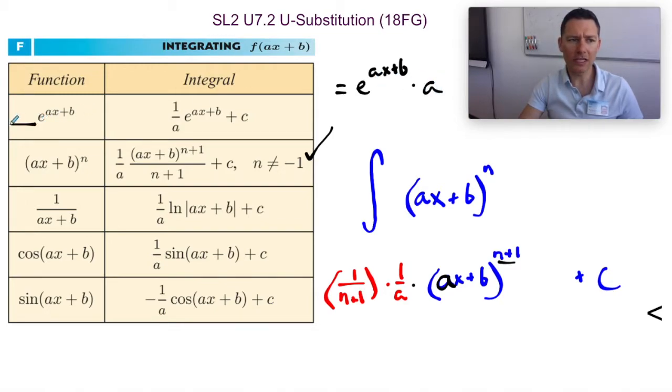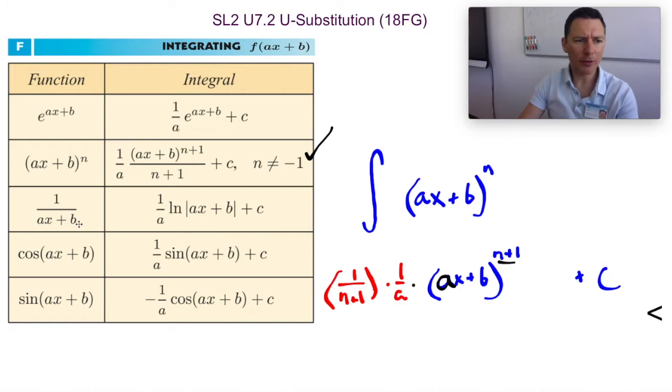We don't see an a here, right? So if you didn't have this piece and you were differentiating back to here, you would have an a term in front. We don't see an a term, so that implies that we had 1 over a in front to begin with. All right. Same with these other pieces.